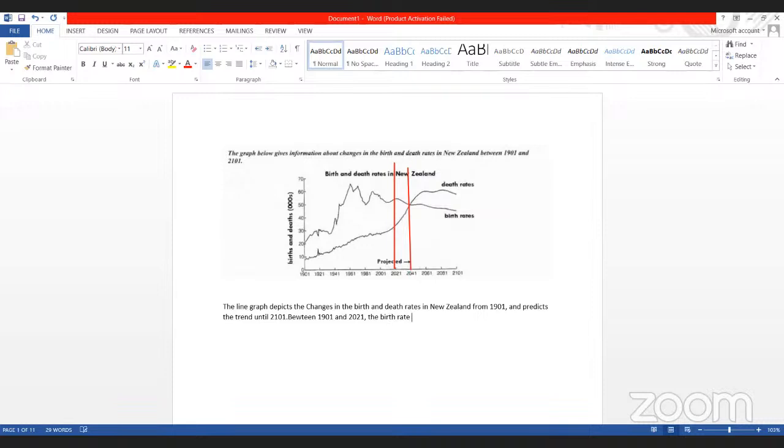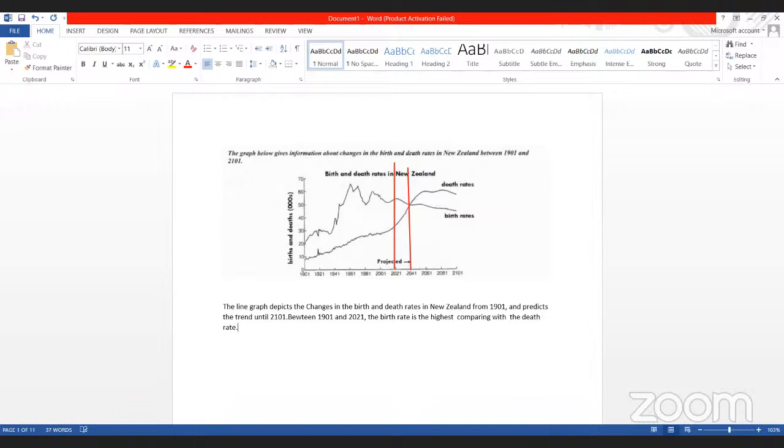Birth rate is the highest. Yeah, it's true. It's the highest comparing with the death rate.